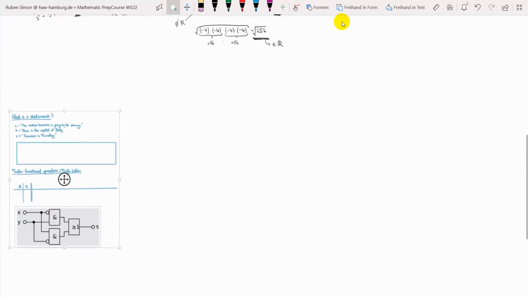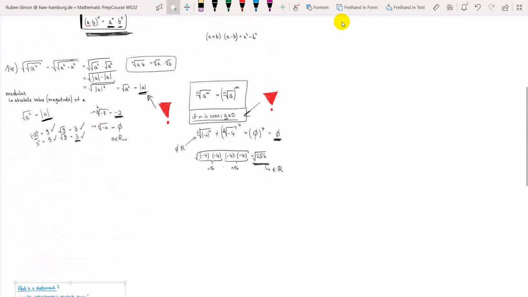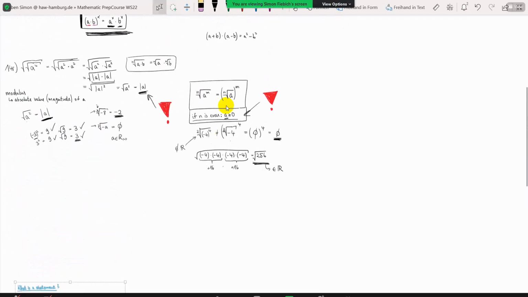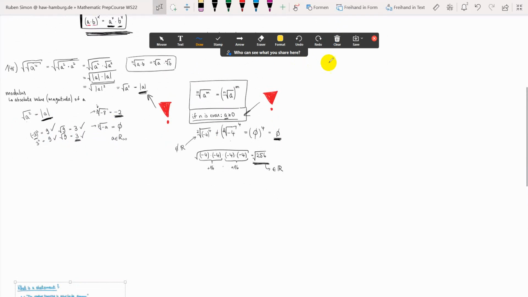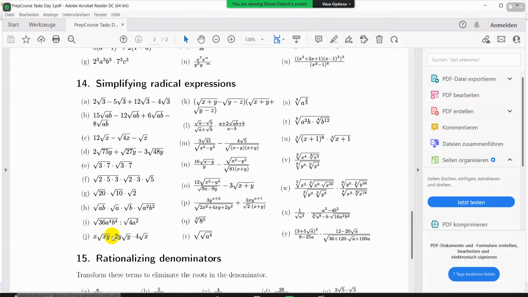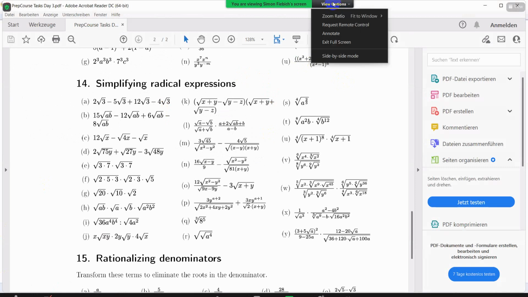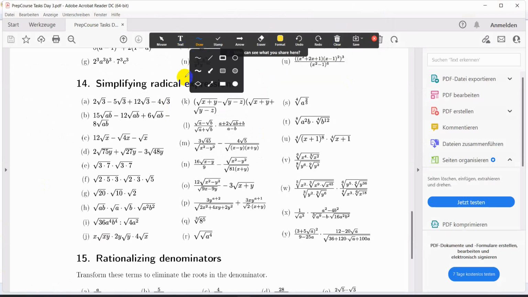Okay, you wanted me to go through some of the tasks from number 14, right? So is there another task, a certain task you want me to calculate? Can you do the number E from task 14? Okay, 14E. No, sorry, 15. 15E. Were you the one who wrote this into the forum? Yes.